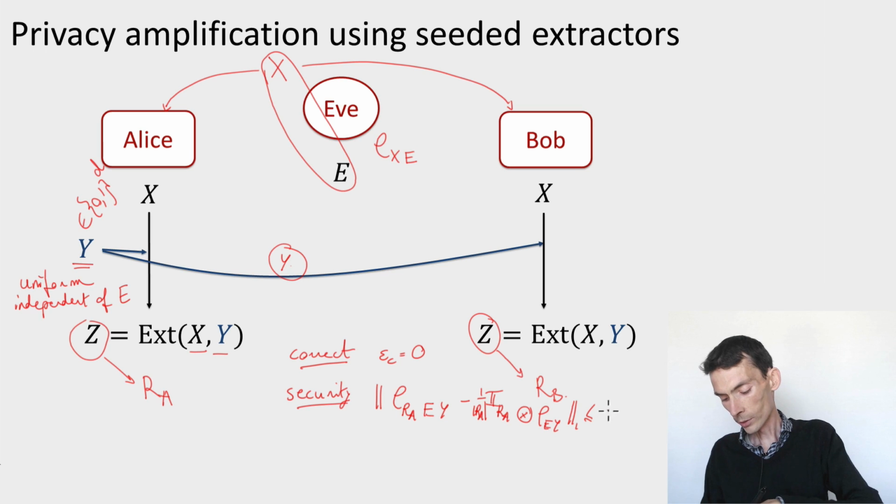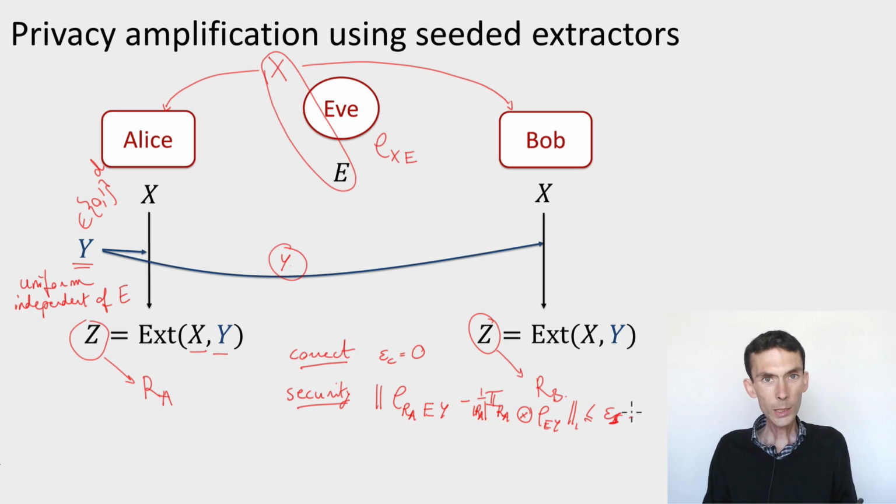If you remember, this was the security requirement for privacy amplification, and this is going to be exactly the correctness requirement for the extractor, meaning that if our extractor is secure, then so is this protocol for privacy amplification.